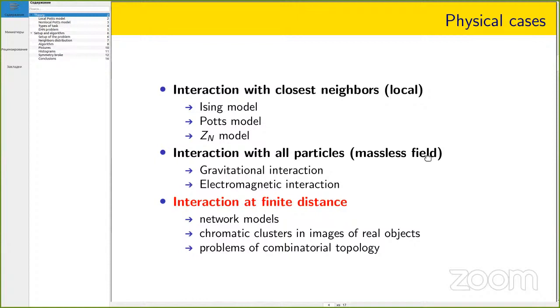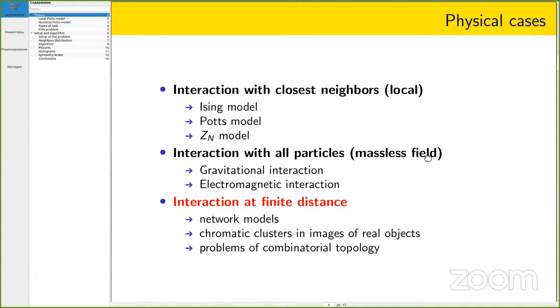And also we have some field interactions, for example, gravitational interaction, electromagnetic interaction, but also there's a class of models which have interaction at finite distance. Examples are network models. For example, you can consider the case of neuron interaction when we have neurons connected to each other, but between them there are also neurons with which they don't interact.